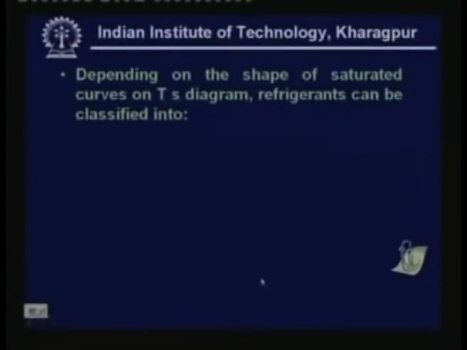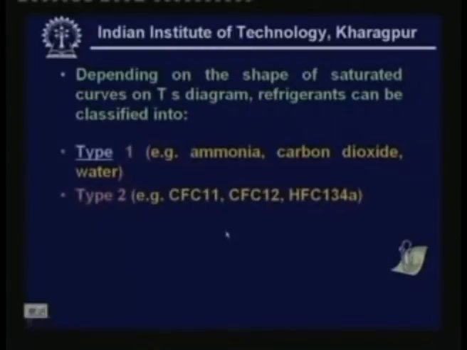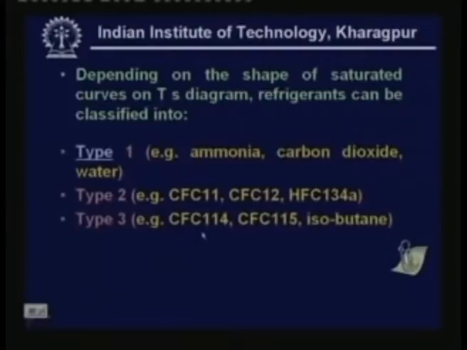Depending upon the shape of the saturated curves on the TS diagram, refrigerants can be classified into type 1 refrigerants, that means ammonia, carbon dioxide and water; type 2 refrigerants, for example CFC11, CFC12, HFC134a; and type 3 refrigerants, that is CFC114, CFC115, isobutane. Let me show these types on the TS diagram.